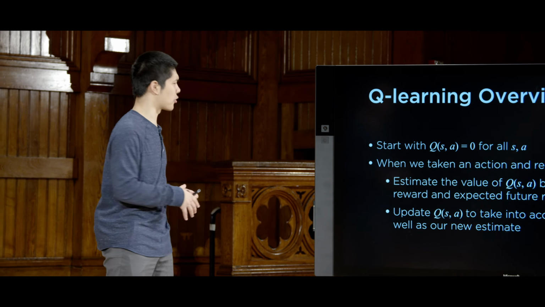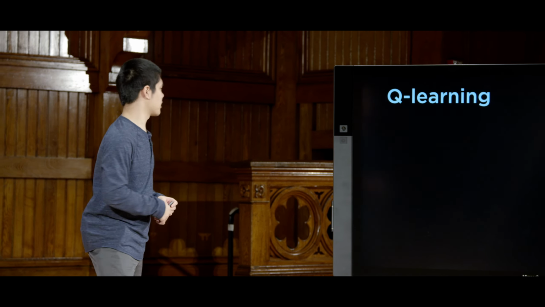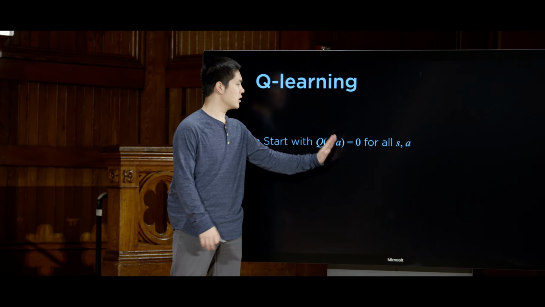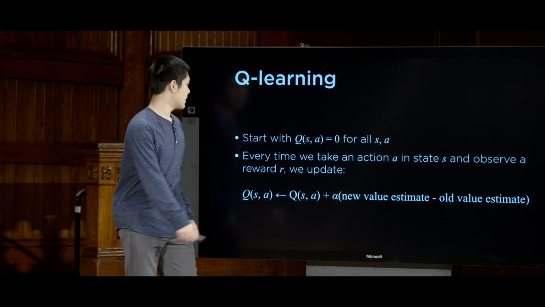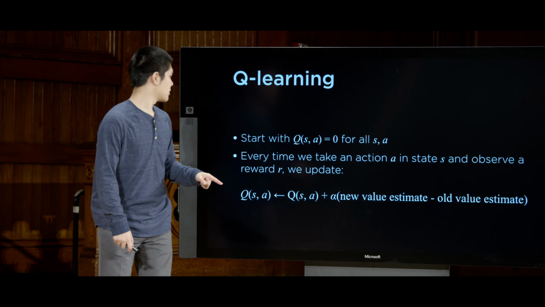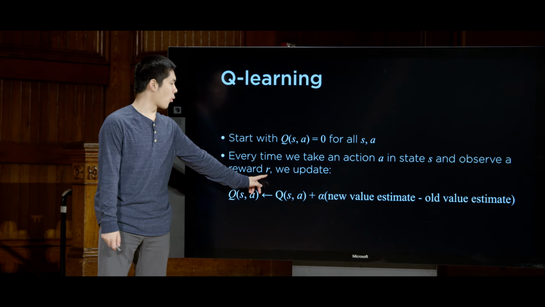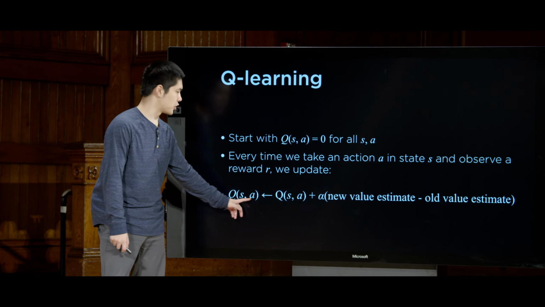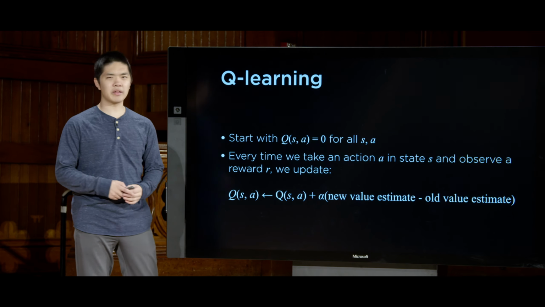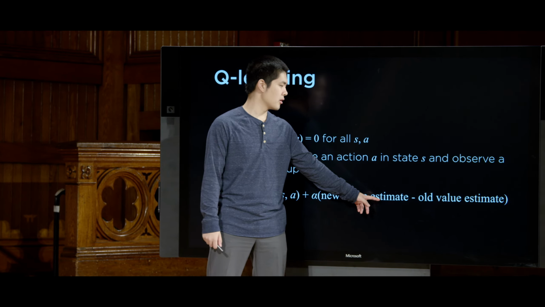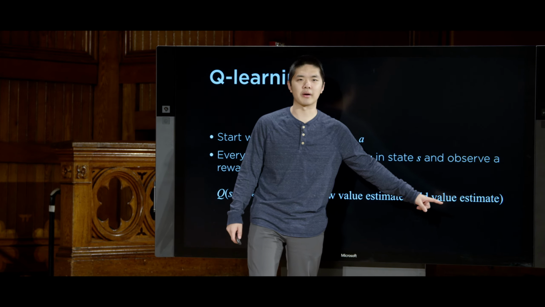So to actually show you what this formula looks like, here's the approach we'll take with Q-learning. We're going to, again, start with Q(S, A) equal to 0 for all states. And then every time we take an action A in state S and observe a reward R, we're going to update our estimate for Q(S, A). The idea is that we're going to figure out what the new value estimate is minus what our existing value estimate is.